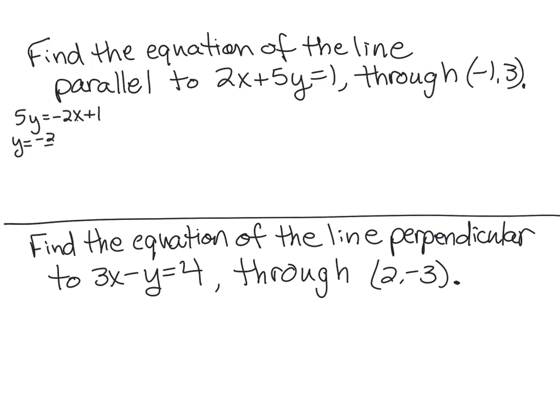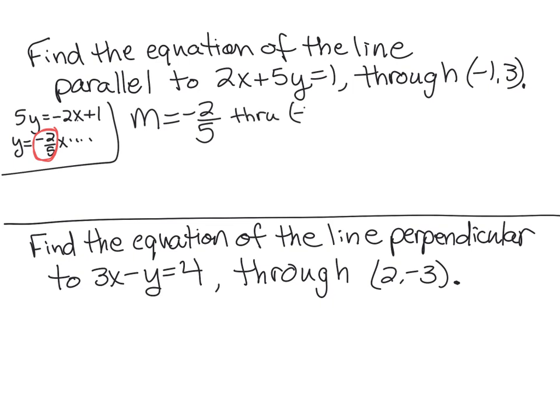I get minus 2/5 x, and I don't care about the rest of that because it's the slope that I need, not the y-intercept. So for my new line, my slope, if I'm parallel, is 2/5. If I had said perpendicular, you would flip that over and make it positive, right? So my new line has that slope through this point, okay?